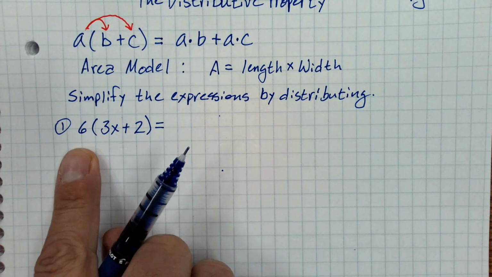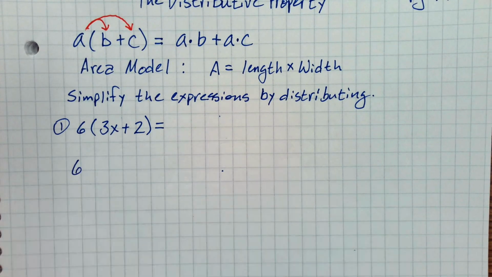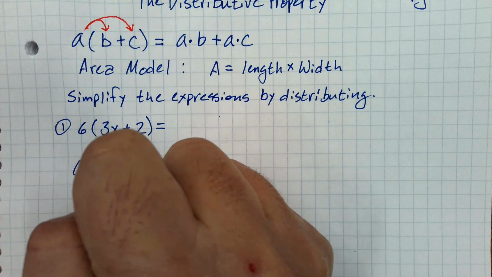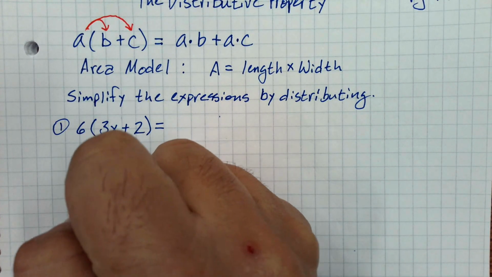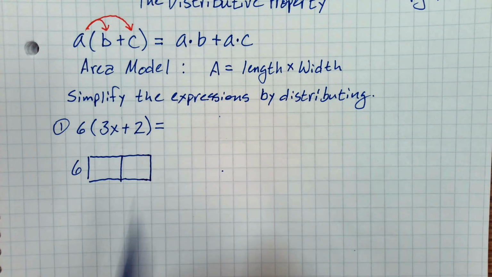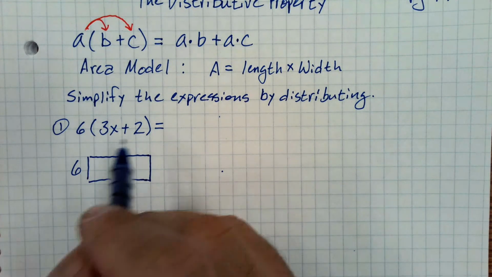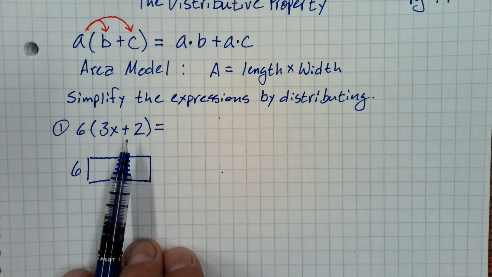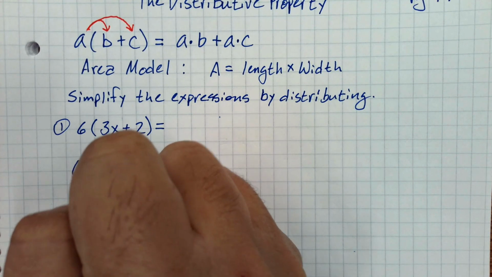We're going to take the 6, and that's going to be like our width. And then we're going to have a rectangle, and I'm going to split it in 2 because we have 2 terms. And then the length is going to be the 3x. And would you say that's a positive 2 or a negative 2? Positive. Plus, positive; minus, negative. Okay. So we're going to write 3x and then positive 2.